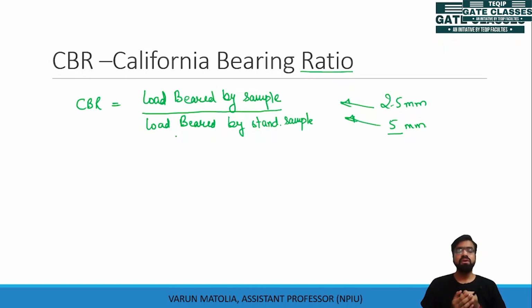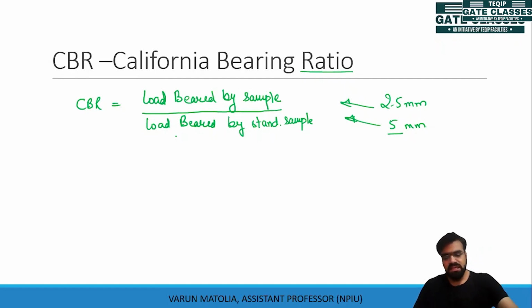But if the CBR value for 5 mm is greater, we perform this test again, and if again we find the 5 mm value greater, then we take the CBR value corresponding to 5 mm settlement, and we use this value for design of flexible pavement.